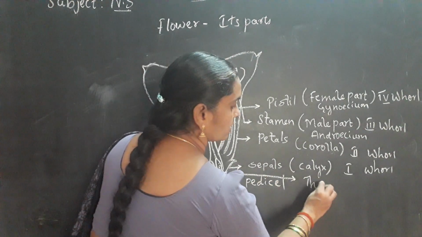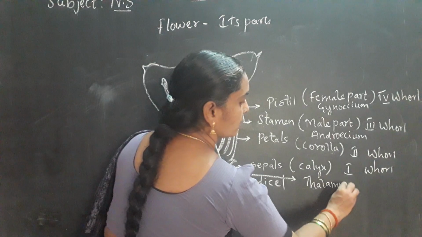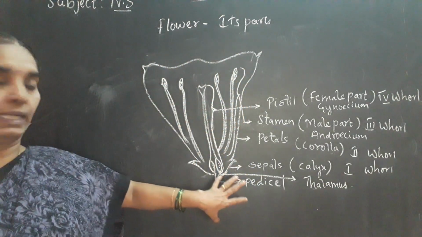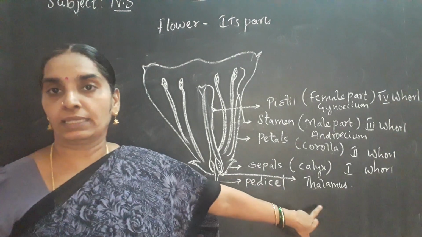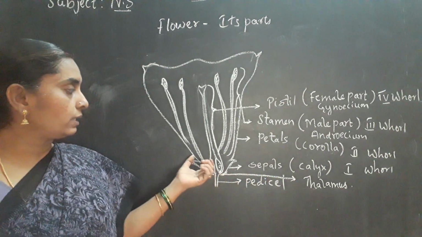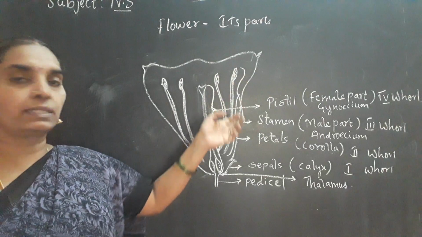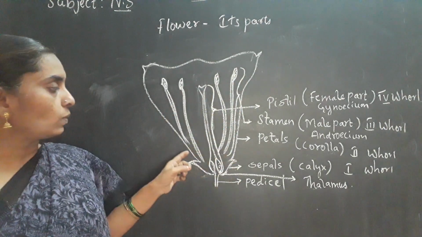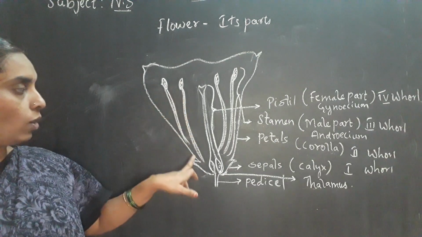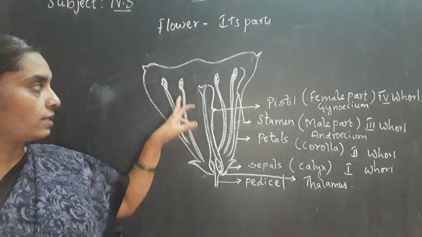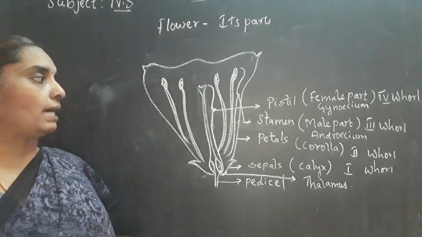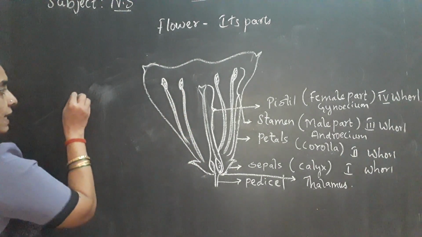The thalamus is the seat of the flower, where all the other parts are present. Over it are the differently colored structures called petals. Next, inside you have the long thread-like structures. These are called stamens. These are the male parts of the flower. The stamen, each stamen.